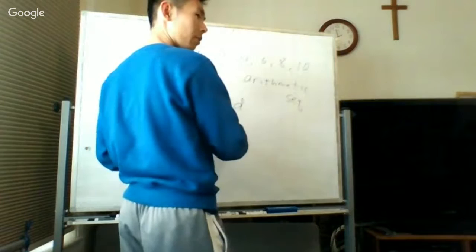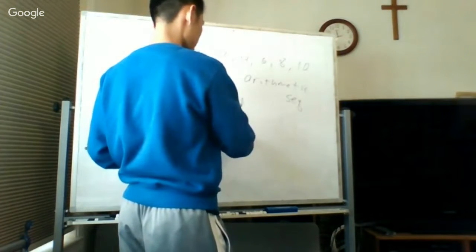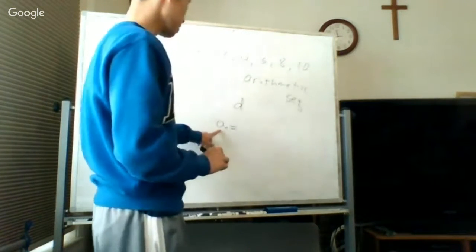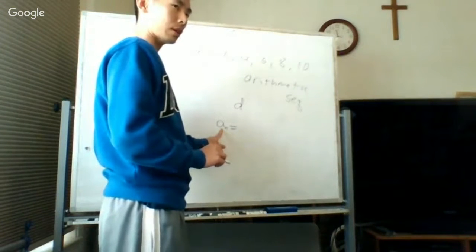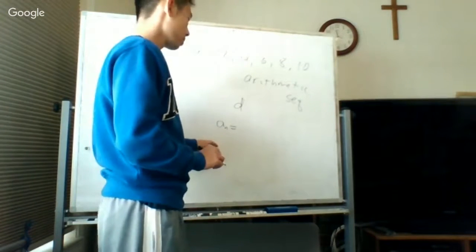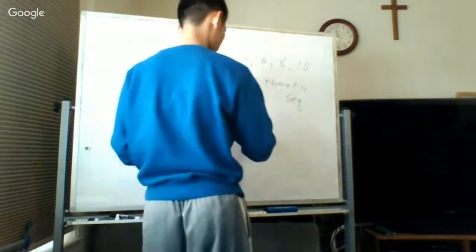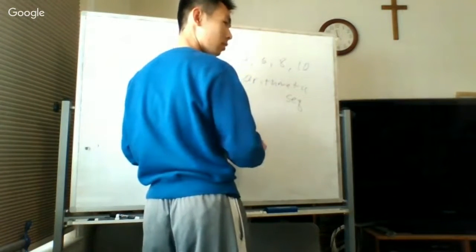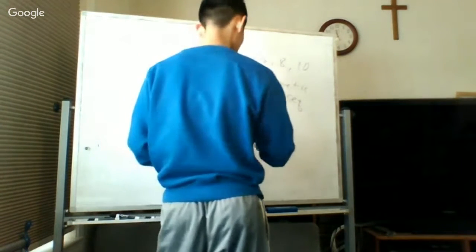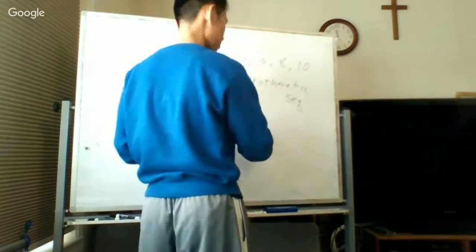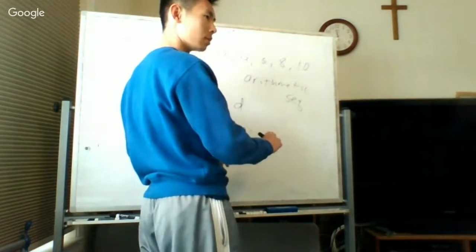A sub n equals. Right, so this means the nth term equals what? A times D minus 1. Is that what you mean?